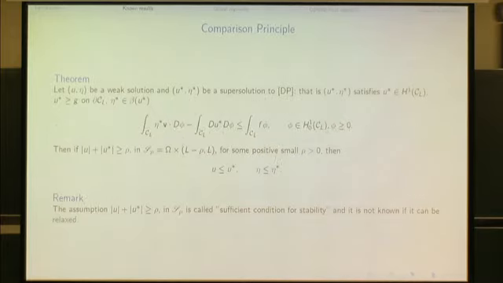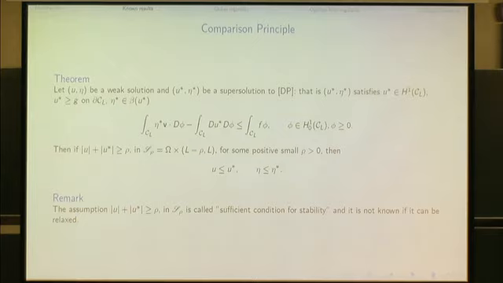And another property that these solutions enjoy is the comparison principle. In a nutshell, if you think of the standard comparison principle, say for the Laplace operator, you don't change much in the formulation here, except that you're assuming this extra condition for your two functions to be compared.